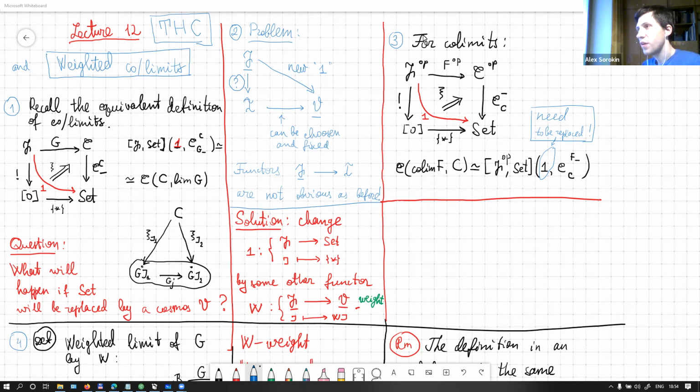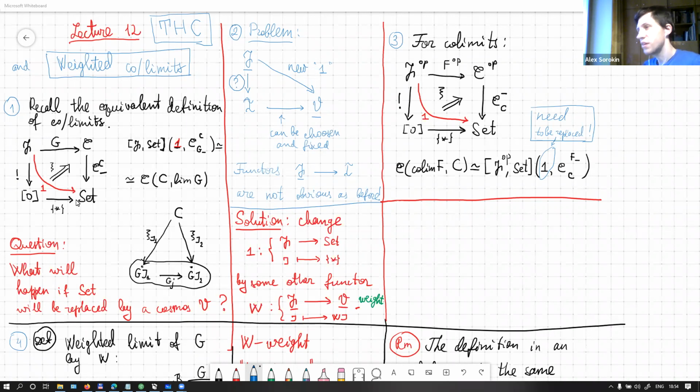For colimits, we have a similar situation in the third column. I wrote F opposite for our functor F because I want to compose F with a contravariant representable functor C(blank, C), and to do this I need to land in category C opposite. If I am given a functor F from category J to category C, I'm taking the opposite.